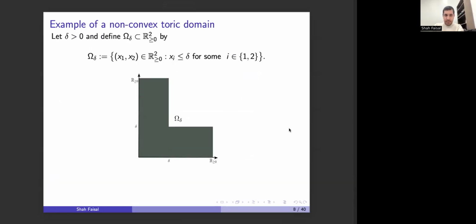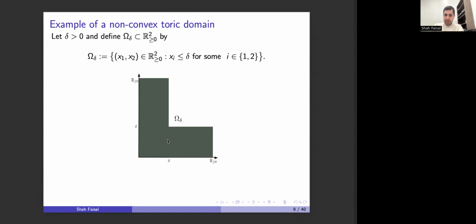Here's an example of a non-convex toric domain. You take some positive number delta, and you look at these two strips, the vertical infinite strip of width delta and also the horizontal infinite strip of width delta, and you take the union.